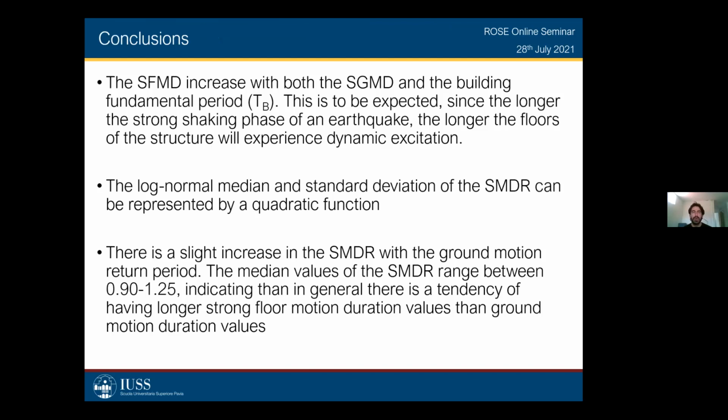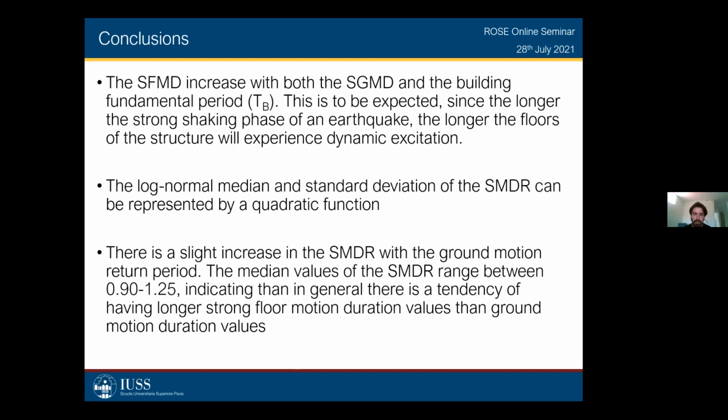Also, for longer period structures, it takes longer for one cycle to complete. So it also makes sense to have an increase of the strong motion duration with the fundamental period of the structure because of this. The log-normal median and standard deviation of the strong motion duration ratio can be represented by a quadratic function.